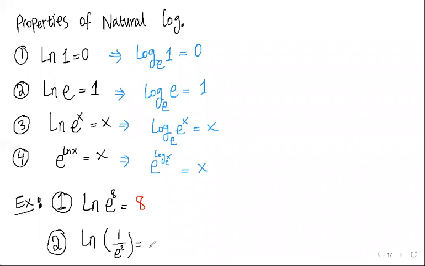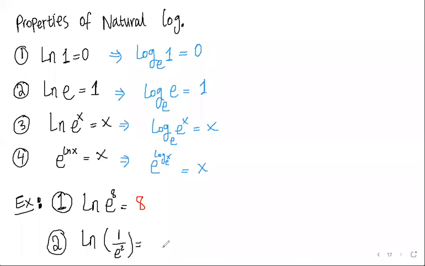For number 2, what is ln of 1 over e to the square? What is the answer for the second one? Is that x? But we don't have x here.